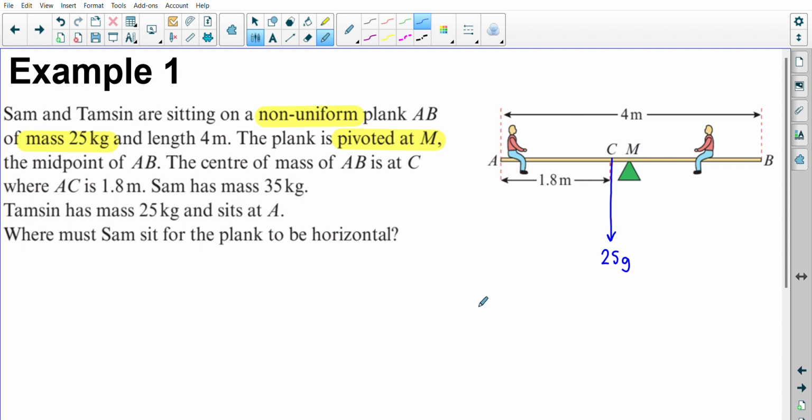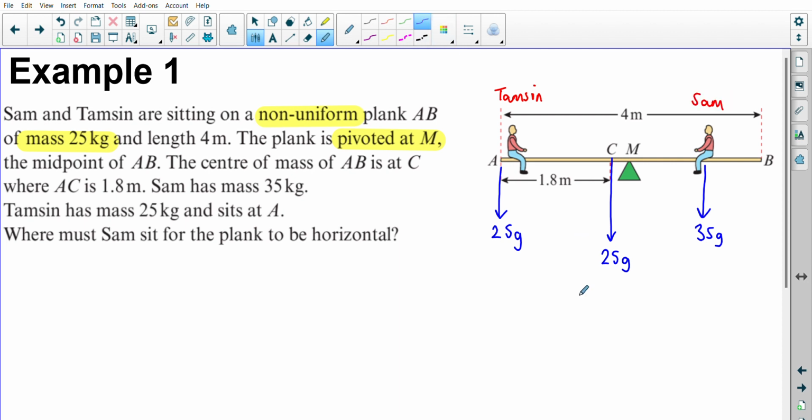Then Sam has a mass of 35 kilograms, Tamsin has a mass of 25 kilograms, and she's sat at A. So I'm going to draw a weight force here of 25g, and then a weight force here of 35g. This is Tamsin, and this is Sam.